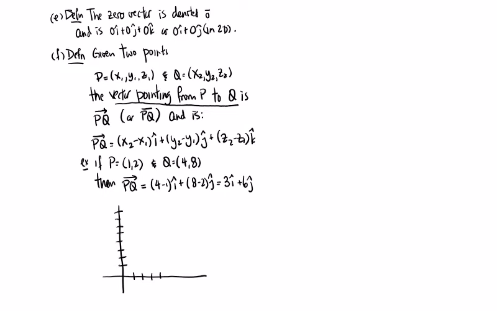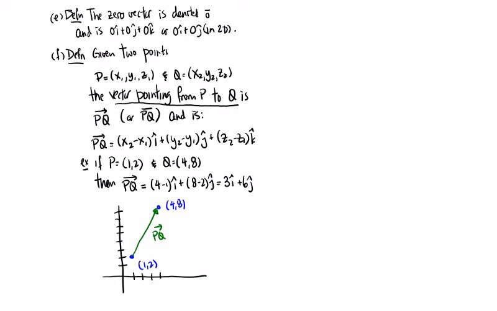If you draw this, it becomes immediately obvious why we have this. Our points are 1, 2, and 4, 8. So clearly, if I want to get from 1, 2 to the point 4, 8, I have to go 3 units over and 6 units up. So this is our PQ.